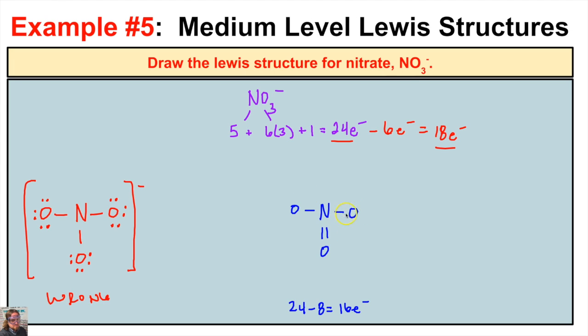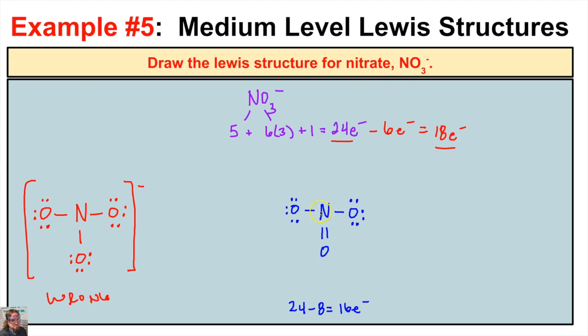So let's do this. We've got 2 electrons surrounding this oxygen, plus these 2, that makes 4, 6, 8. Right? So we've just used up 2, 4, 6 of our electrons here. That leaves us with 10 left over. So we're going to use 1, 2, 3, 4, 5, 6 right here. That should leave us with 4 electrons left over. So where are we going to place these 4 electrons?